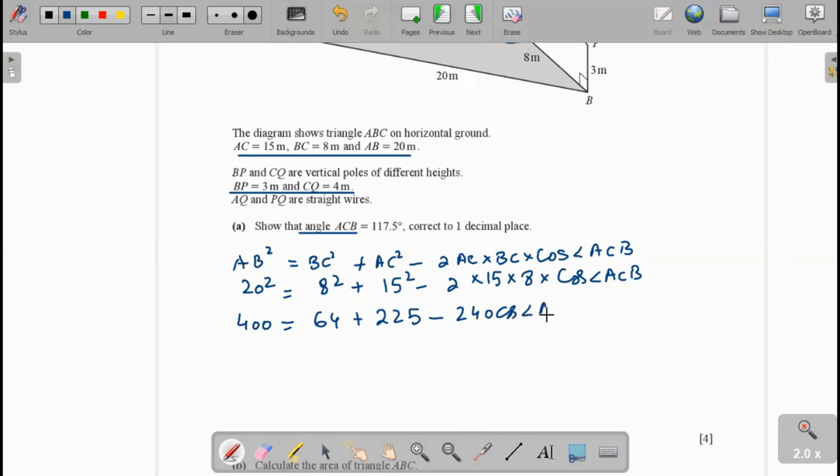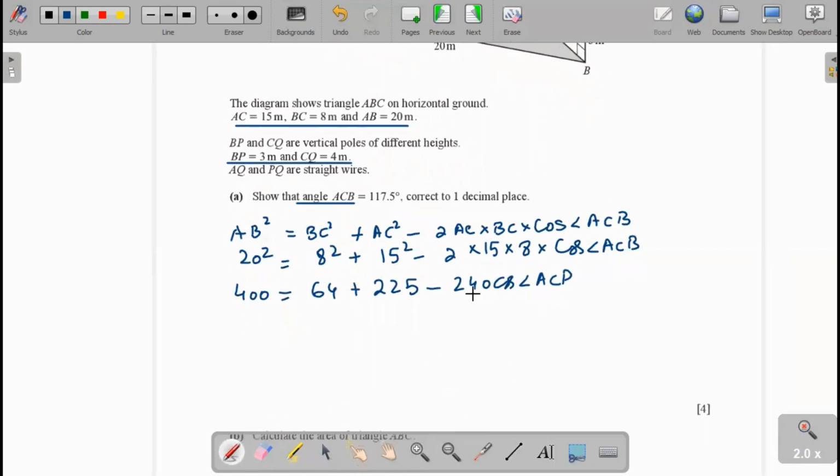cos of angle ACB. Now we shift this term cos ACB from right to left side. Therefore, 240 cos of angle ACB will be equal to 64 plus 225 minus 400.